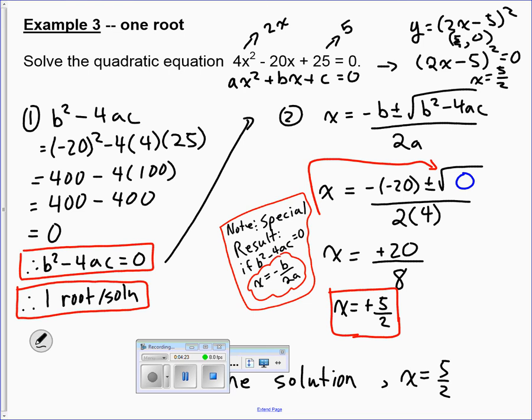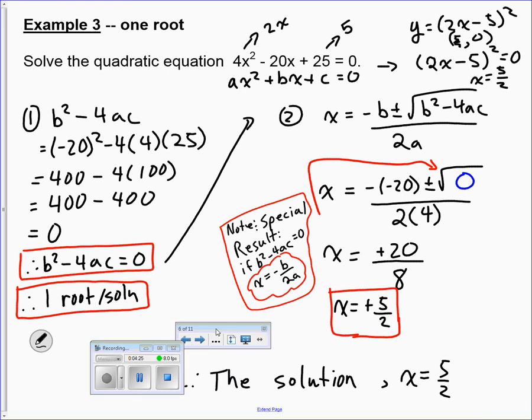And that's our solution. So if you think about it, this is nothing more than a parabola that's opening up, but it just touches the x-axis at its vertex. Okay? That's how you can look at that quadratic.